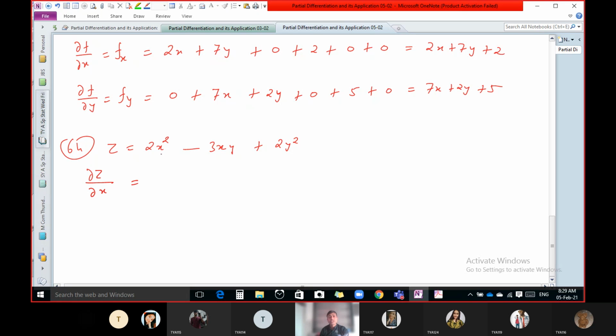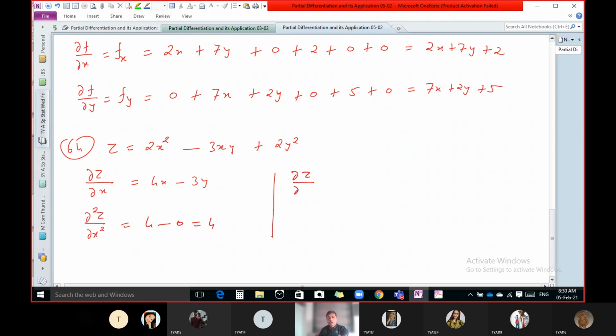The answer with respect to x is 4x minus 3y plus 0. Now once again differentiate with respect to x. 4 minus 0, that is 4.